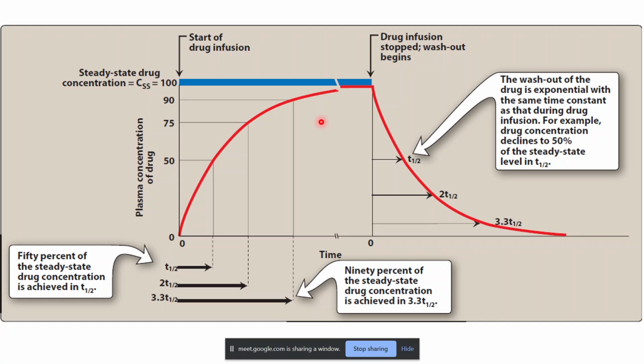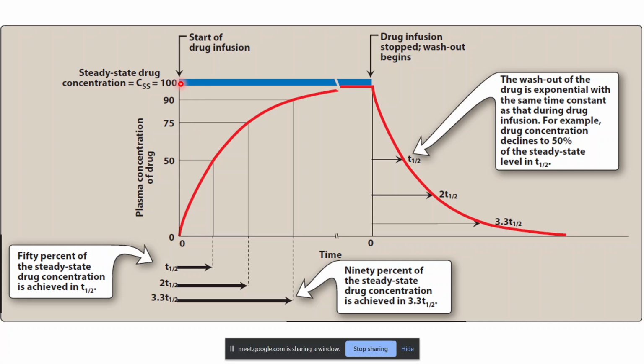And the time that is required to eliminate half of the steady state plasma concentration is called half elimination time.